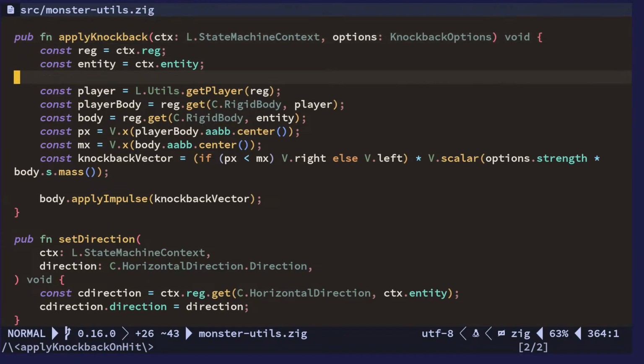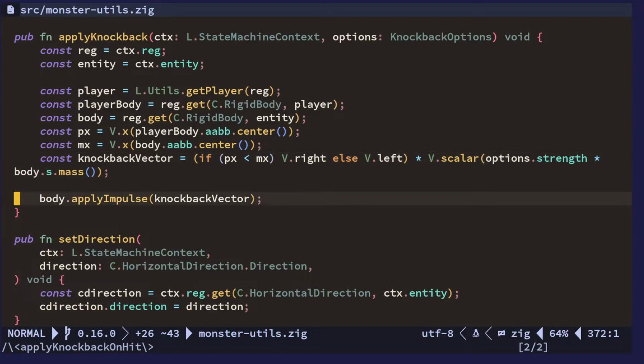But for now, the only kind of damage that we have is the player hitting with the weapon, and then you get this knockback effect. I just want to see how this is calculated here. So we have the knockback vector here, times the mass of the thing.